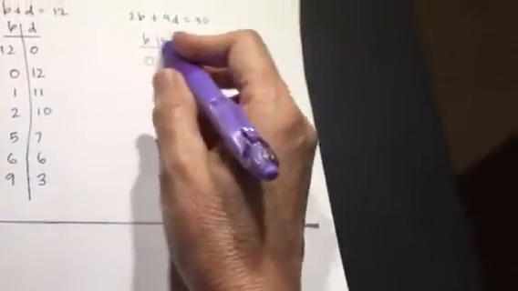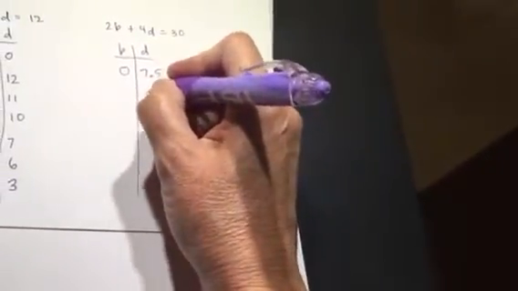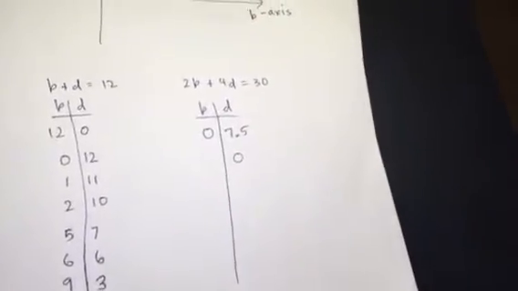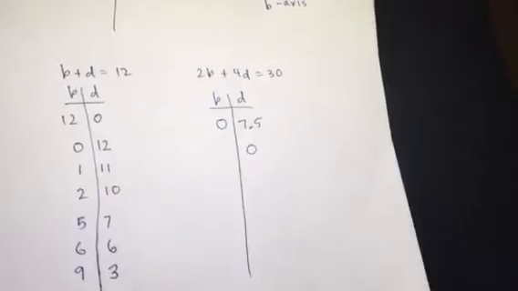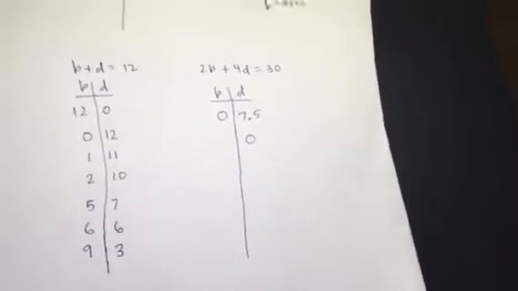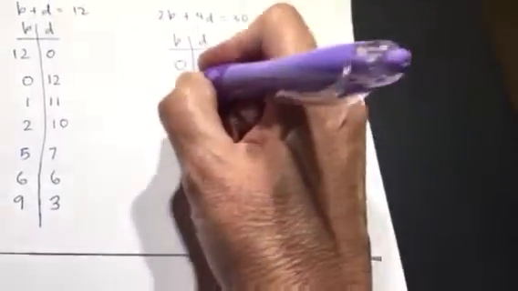Okay, so how about if there are 0 dogs, then 2B plus 4D equals 30. How many boys would there be? 15. Okay, so I'm going to pick a few more possibilities here.